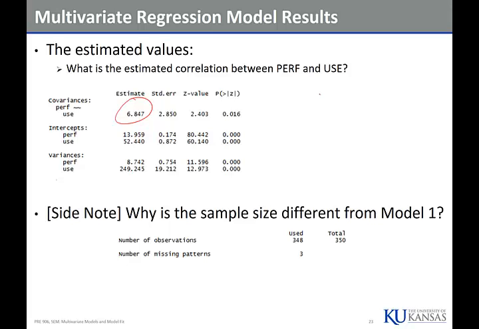So the covariance divided by the standard deviation of x times the standard deviation of y. So if you wanted to make this a correlation, how would you do it? 6.8747 divided by the square root of 8.472 times 249.245.